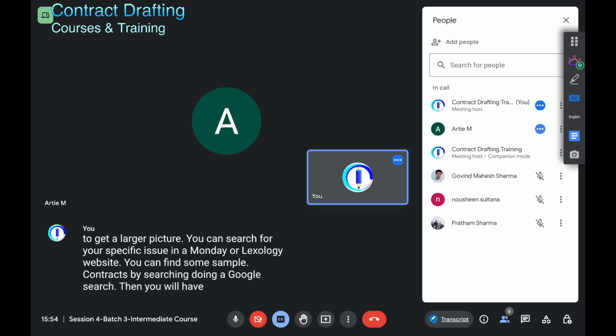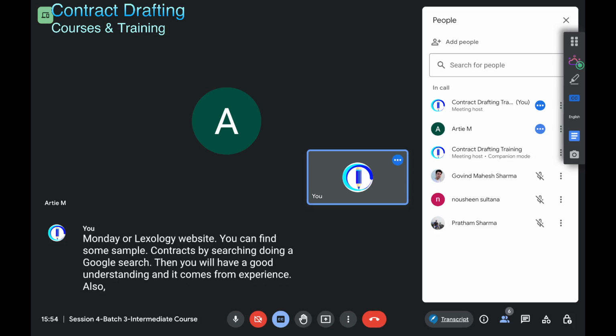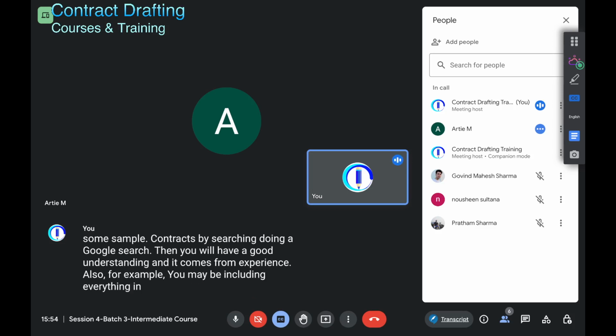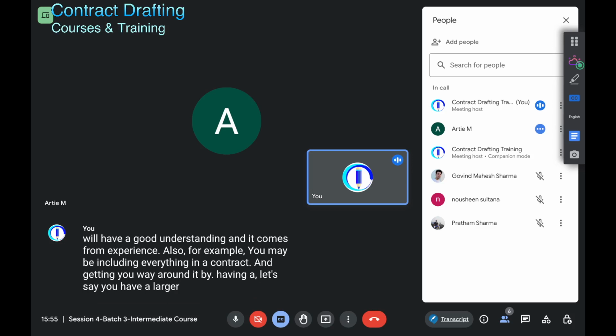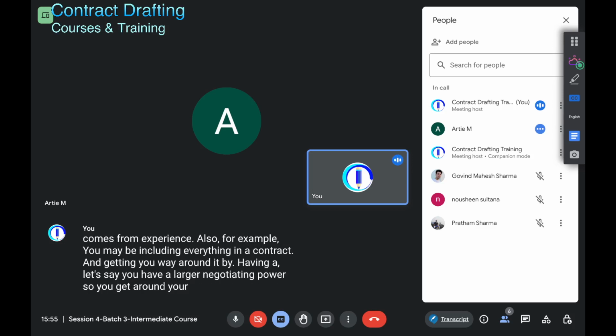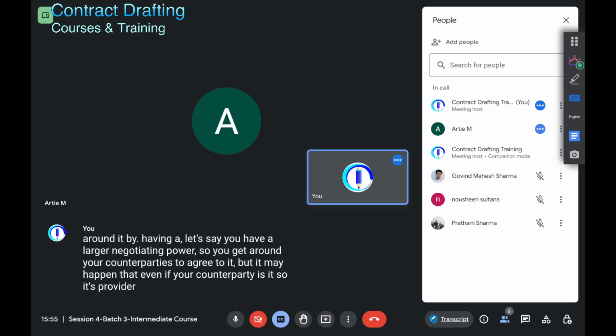And it comes from experience also. For example, you may be including everything in a contract and getting your way around it by having, let's say, a larger negotiating power, so you get your counterparties to agree to it. But it may happen that even if your counterparty is a service provider or a contractor, they may be an MNC.